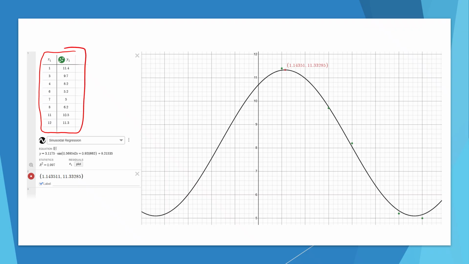And then do sinusoidal regression. Here, this is our predicted maximum. And so we see our predicted maximum is at 11.33285. And so in this case, that is going to be our correct answer. This is going to round to 11 there.